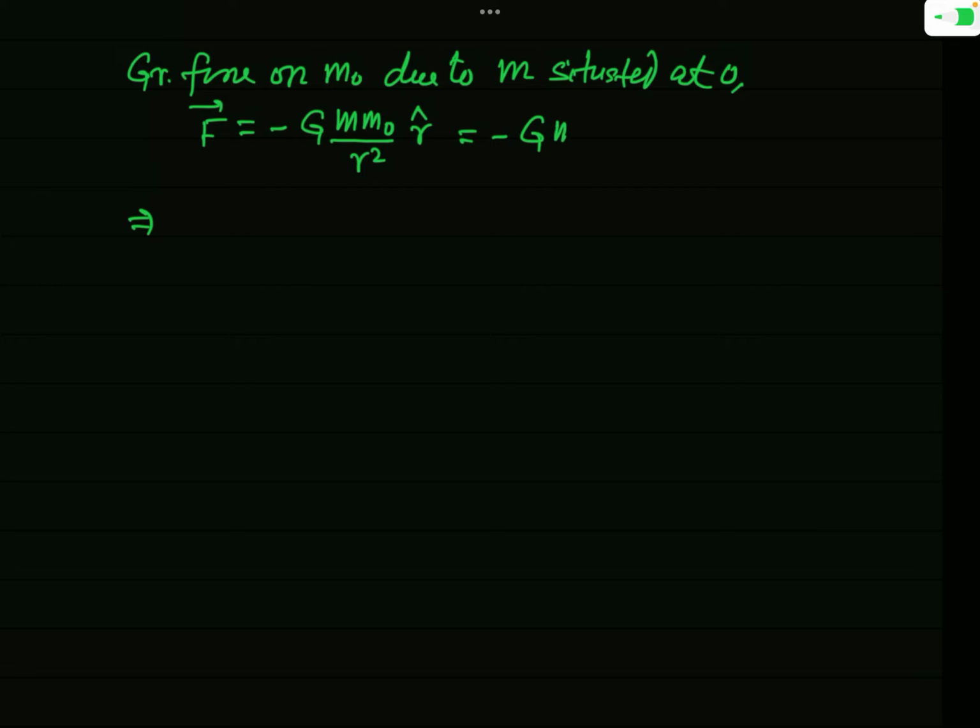Okay, and so you can see we can equivalently write this expression like this. This is minus G m m naught over r square times vector r over modulus r. Instead of r hat we have written vector r by modulus of r, and you can also see that this F is equal to minus G m m naught over r cube times vector r.